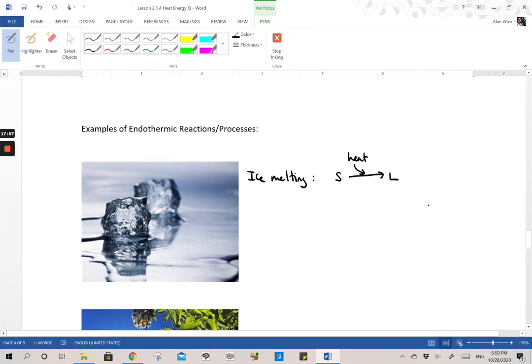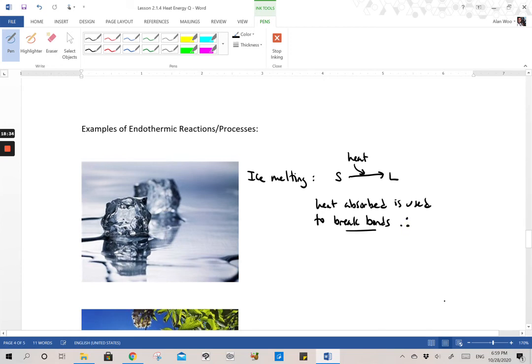So if heat is being absorbed, what ice is actually doing with that heat is using it to break bonds. They want to break the bonds that keep a solid a solid.